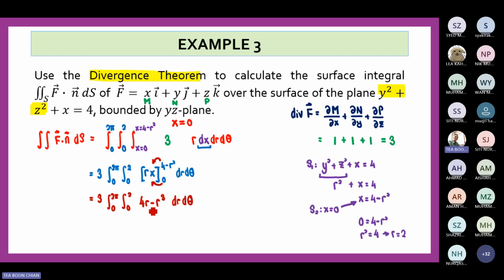All right, so the next step is to integrate with respect to r. So this is also straightforward, the radius. So from 0 to 2 pi. And integrating 4r gives you 4r squared over 2 minus r cubed is integrated into r power 4 over 4, and then substitute upper limit 2 and lower limit 0 with respect to theta.